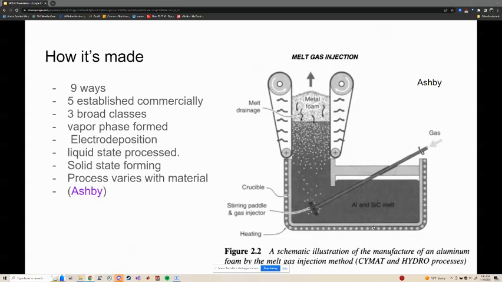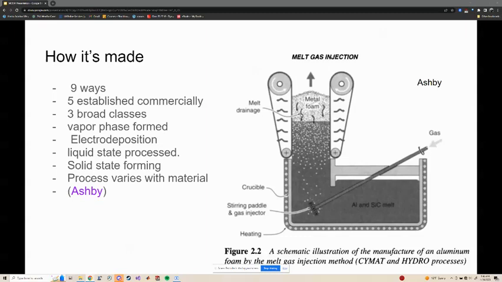Liquid state processing is a very common technique outlined here in this photo from Ashby's book. In this case, a gas is blown into a liquid form of the metal, and then essentially the bubbles are captured as the metal foam. Lastly, there's some solid state forming techniques.